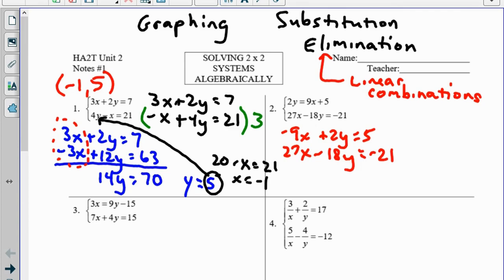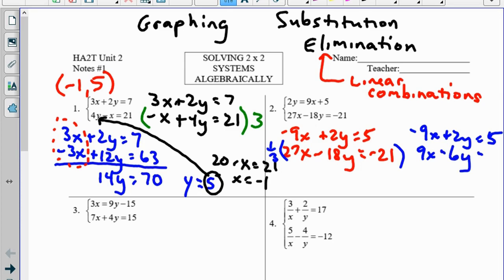What I'm going to end up doing is multiply the second equation by 1/3. That's going to make my numbers smaller, and then I don't have to do as much work when it's no calculator. So the top one remains -9x plus 2y equals 5. The bottom one, after I multiply it by 1/3, becomes 9x minus 6y equals -7.